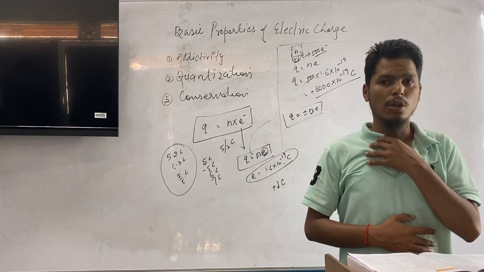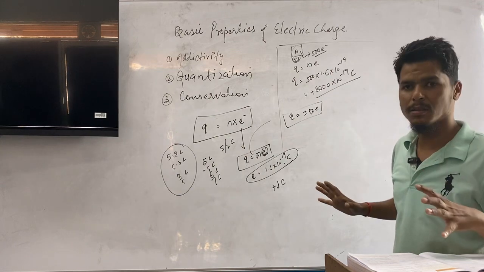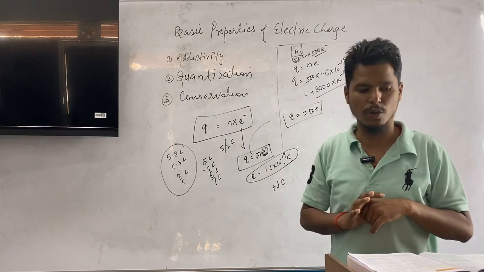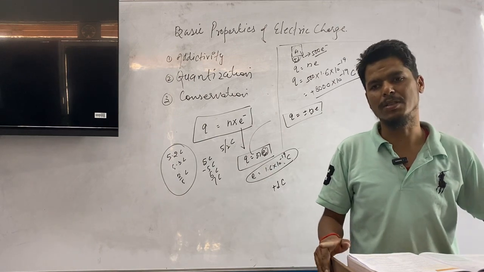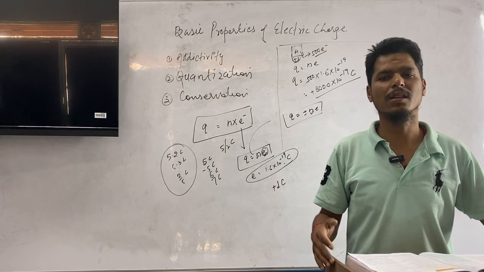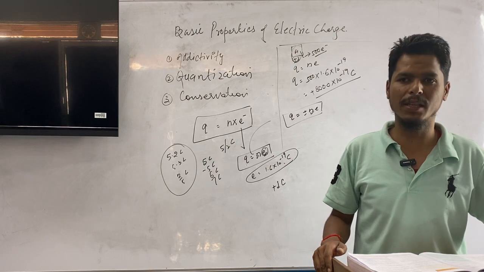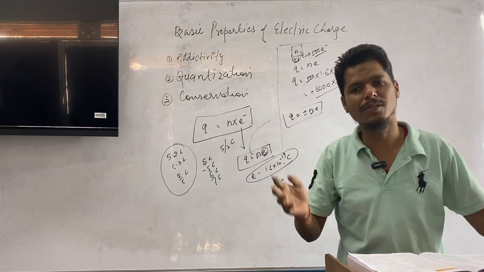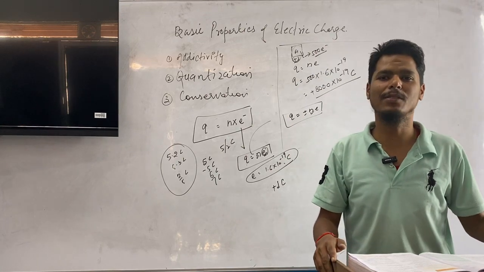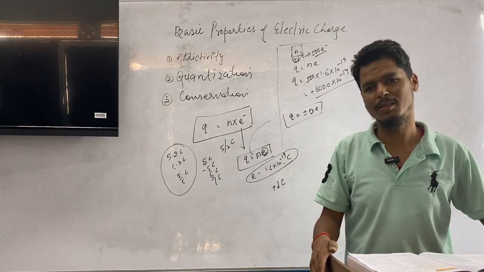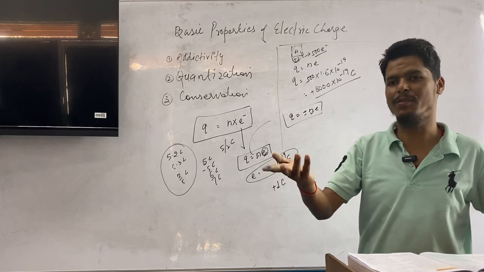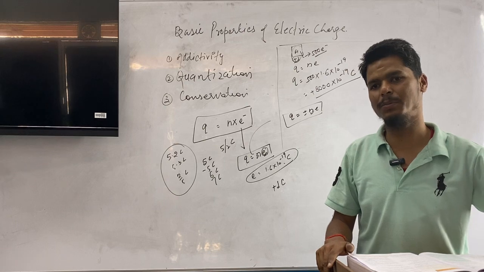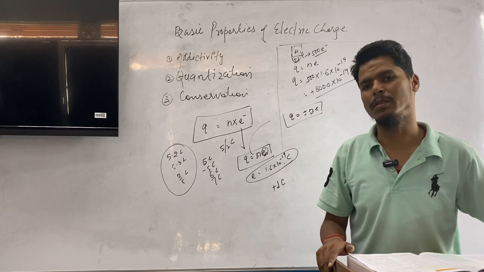Okay. So two properties that we have discussed up to now. Now we will discuss the third, that is conservation. So please make a new heading, conservation. Conservation we have already studied in earlier classes, the famous law about matter. We have the conservation of matter: matter can neither be created nor be destroyed.